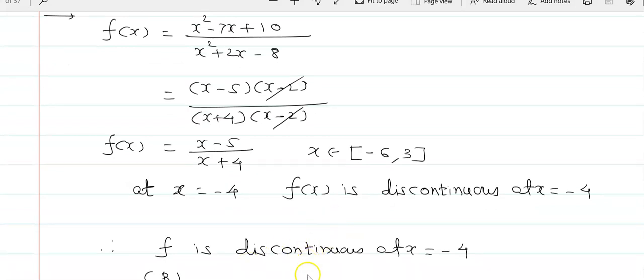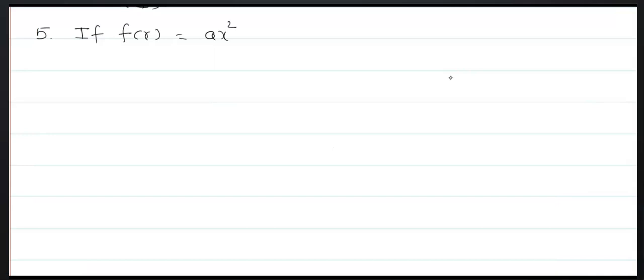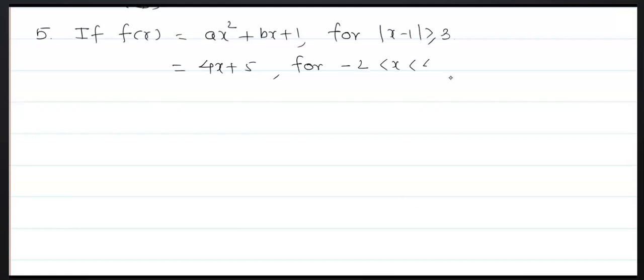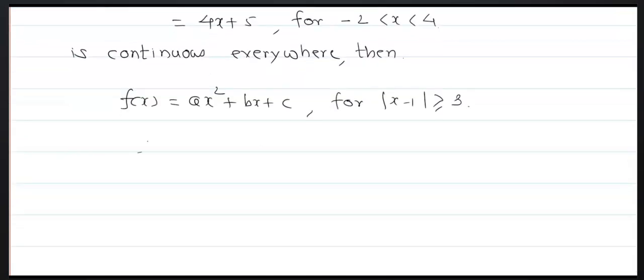Now we'll see the next example. f of x is equal to ax square plus bx plus 1 for mod of x minus 1 greater than or equal to 3, and f of x is equal to 4x plus 5 for x lies between minus 2 to 4, is continuous everywhere.